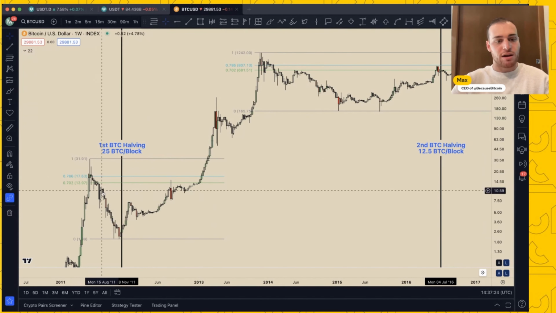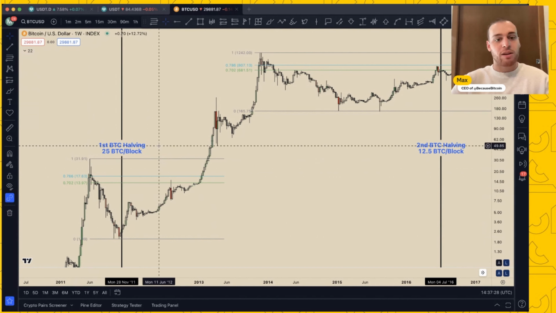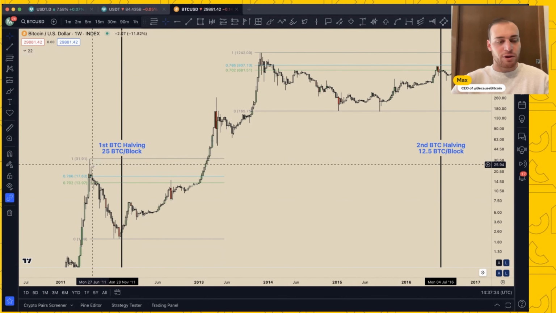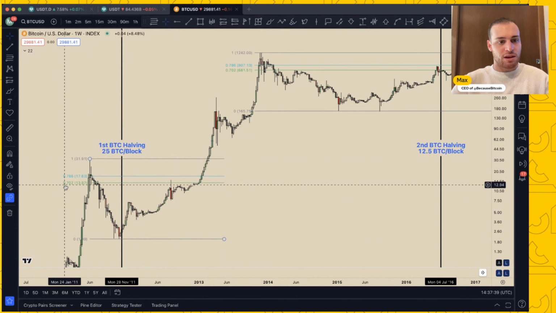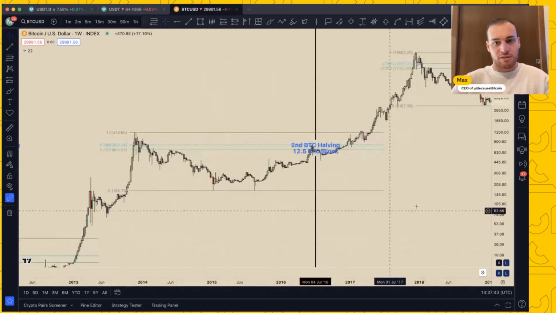So bull market top, if you want to even call Bitcoin at $30 a bull market, I'd say maybe. I don't like going back this far. I think it's a little bit silly sometimes to evaluate Bitcoin when it was like $30, but top to bottom, we came back and we tagged in between the 0.702 and 0.786 fib, and then we had blast off.